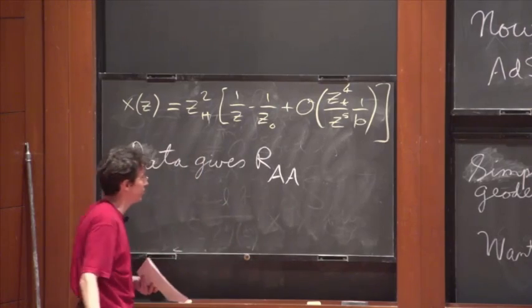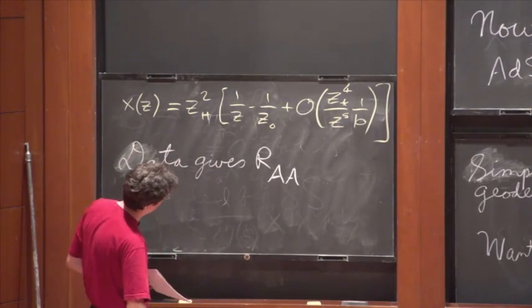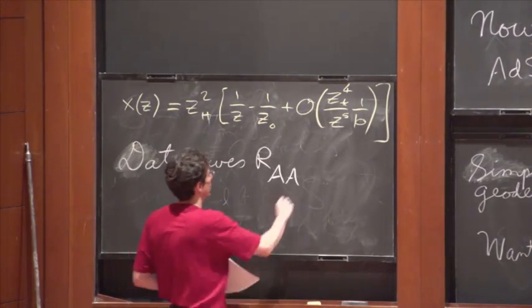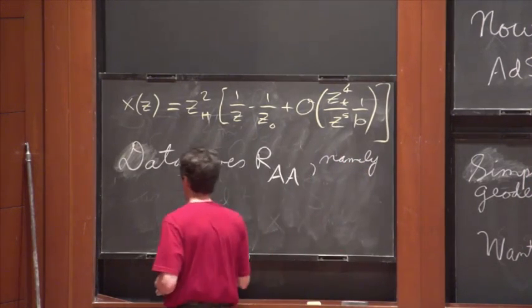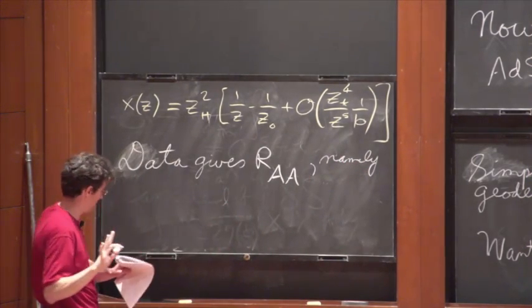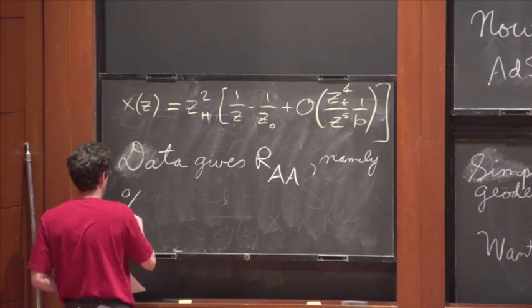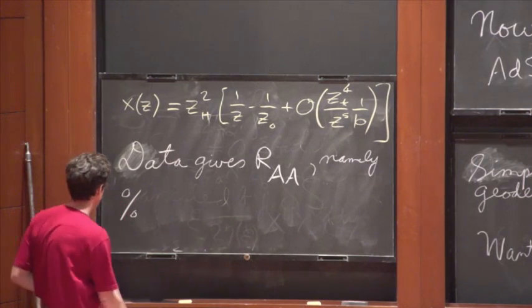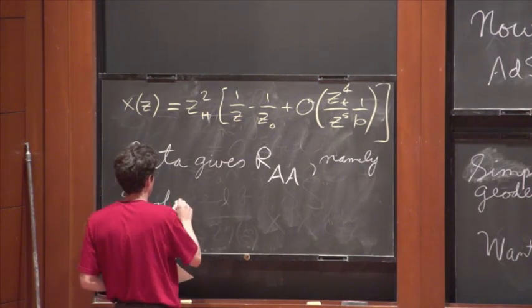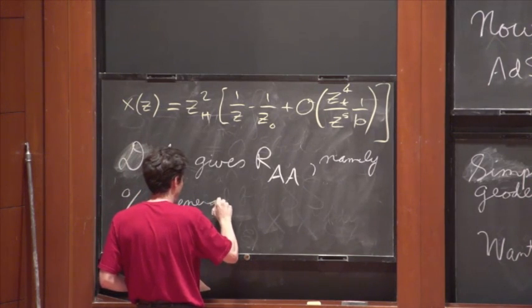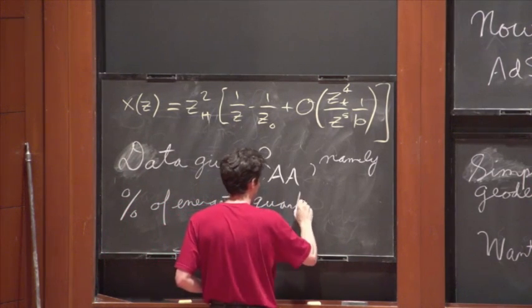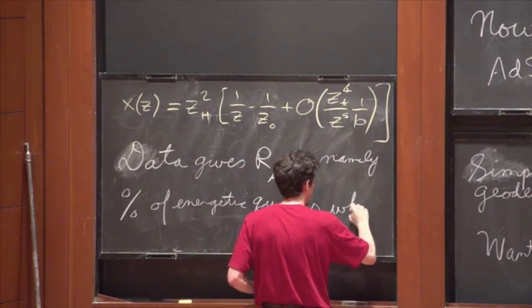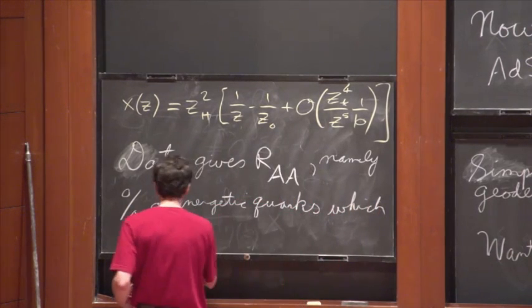The data in question is a quantity called RAA, which is, at the level of precision that I'm striving for, the percentage of energetic quarks which escape the medium.